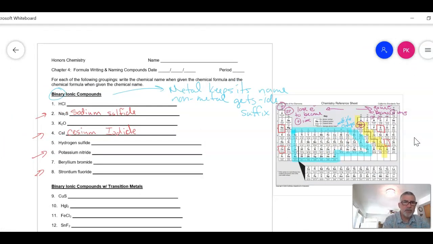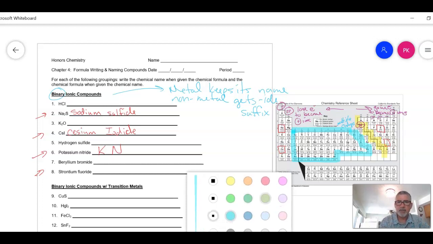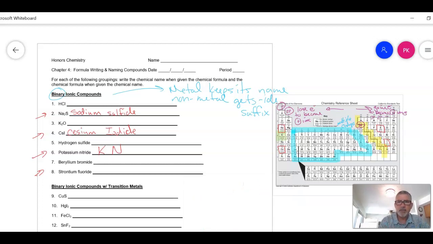If we look at the homework now, potassium nitride. The first thing we're going to do is write our elements, so K for potassium, and N for nitride. Potassium is in this first column, and nitride is over there in the fifth column. So potassium has a 1 positive charge, and nitride will have a 3 negative charge because it needs to gain 3 electrons.